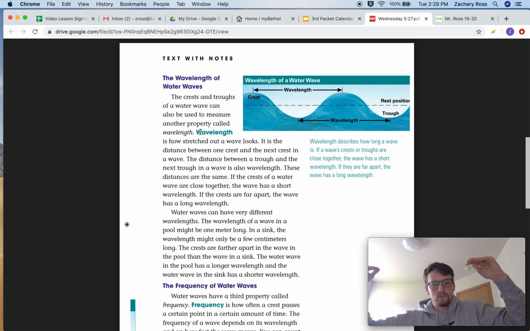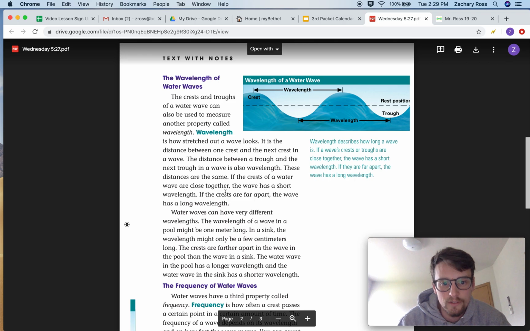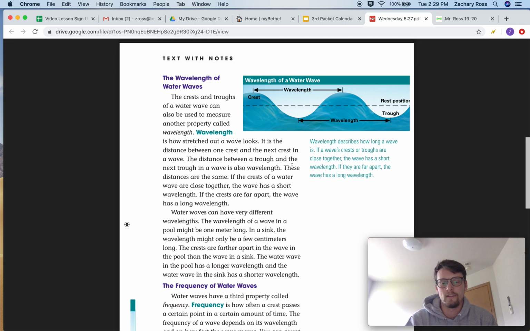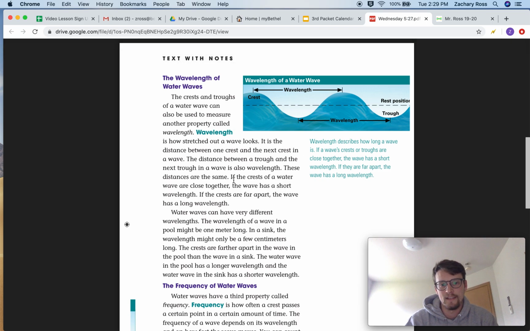The distance between the trough and the next trough is also wavelength. These distances are the same. If the crests of a water wave are closer together, the wave has a short wavelength. If the crests are far apart, it has a long wavelength.